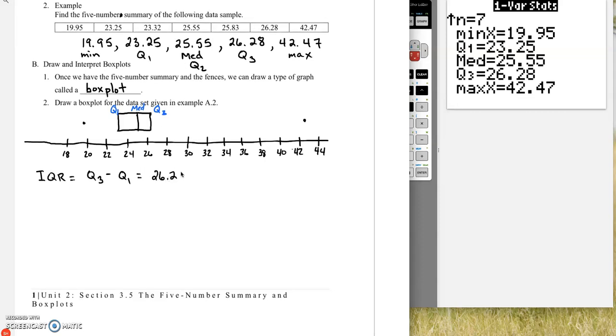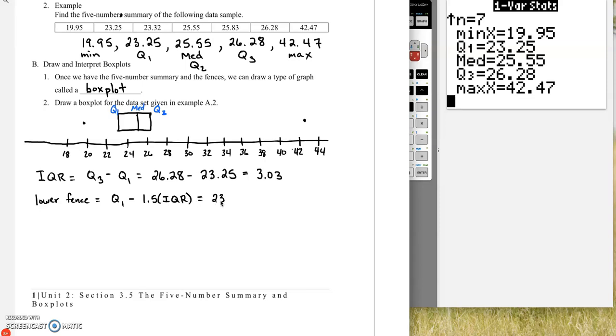So 26.28 minus 23.25, and that gives us, if we type it in to the calculator, 3.03. So to find our lower fence, remember the formula is Q1 minus 1.5 times the IQR.